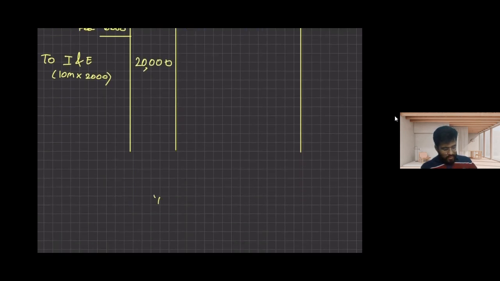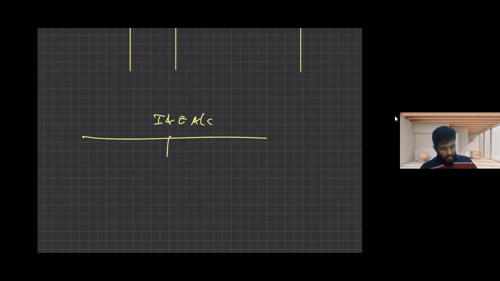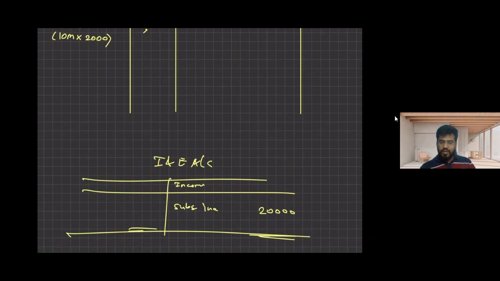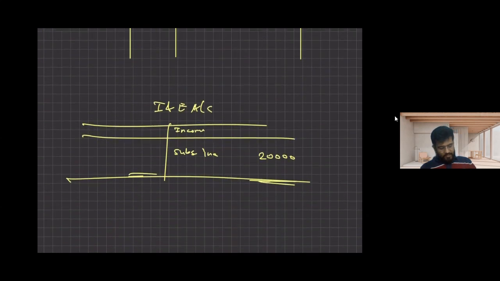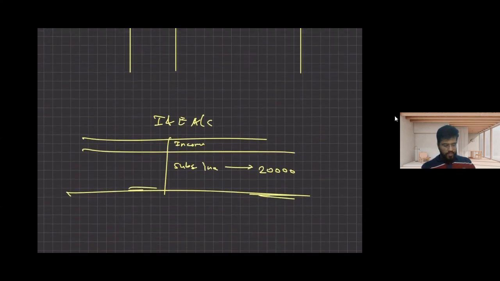So in my income and expenditure account, what I will write on the income side, subscription income of rupees 20,000, and that's it. My income and expenditure account is clear by writing the subscription income of 20,000 over here.